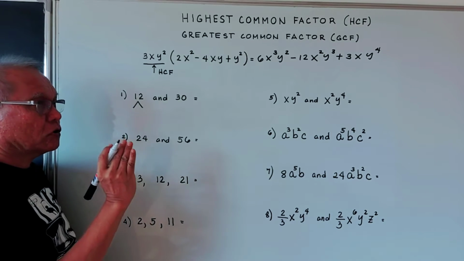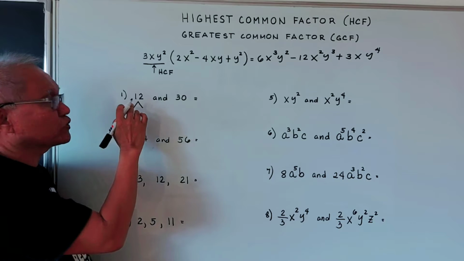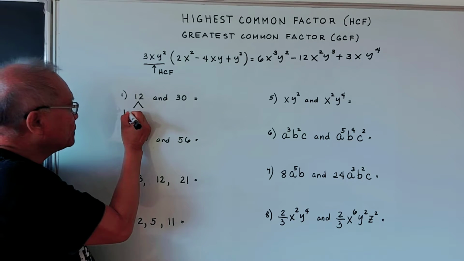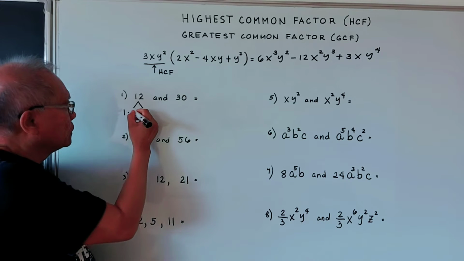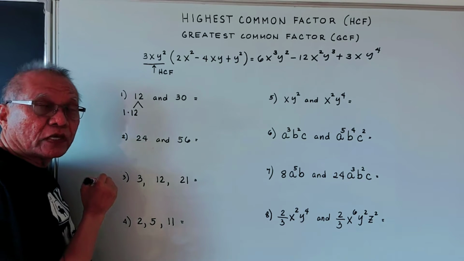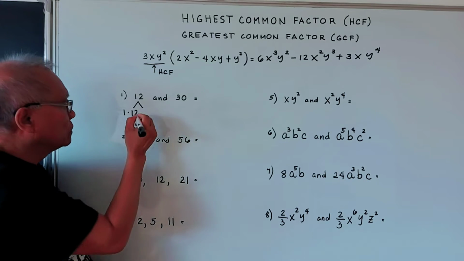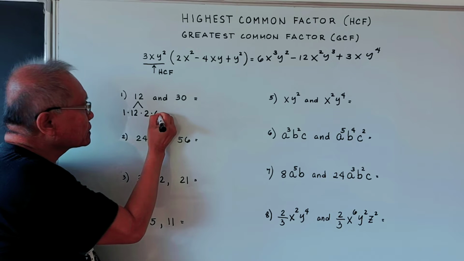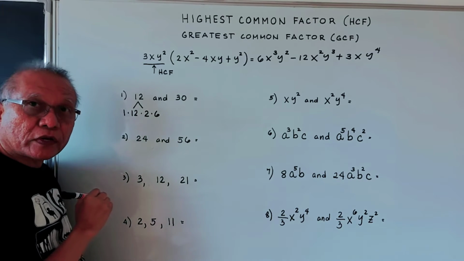We list all the complete factors of 12. So 1 times 12 is 12. Next is 2. 2 times 6 is 12.